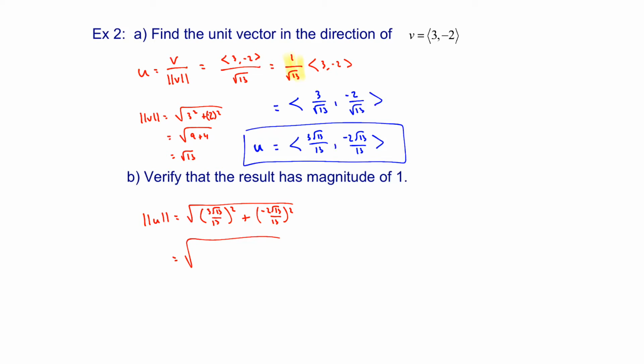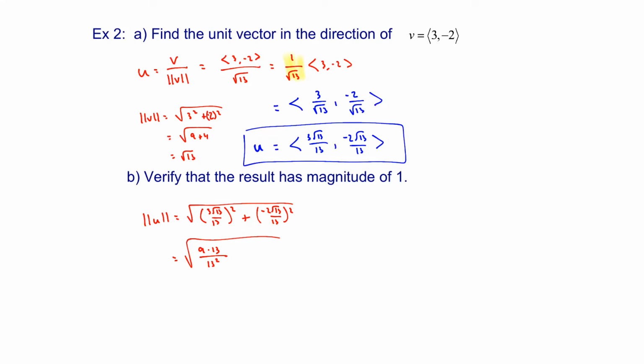So if we square that, we will get 3 squared, which is 9, and then the square root of 13 squared would be times 13, and then the denominator is also squared, which is 169, or 13 squared.